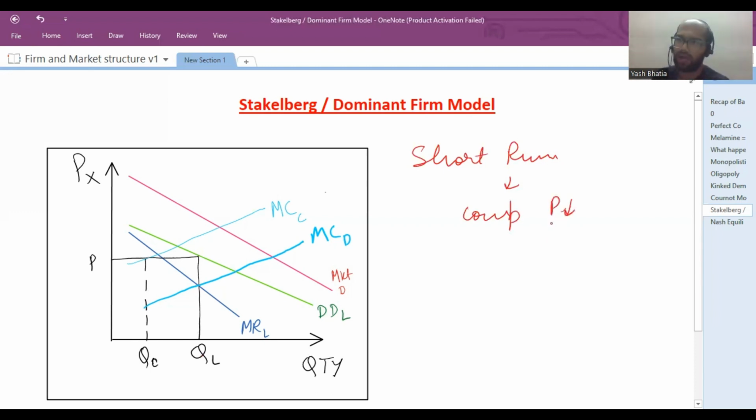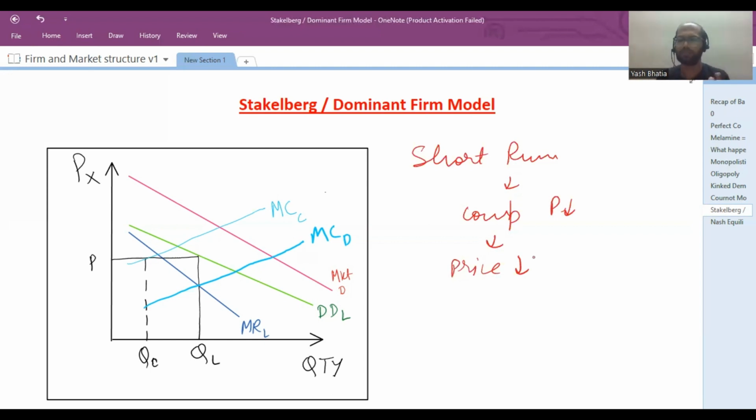It may gain market share for a moment, but then since the firms are interconnected in an oligopoly, what will the dominant firm do? The dominant firm will also reduce the prices. So in the short run, the market share is gained by the competitors by reducing the prices. After a while, the dominant firm will also reduce its prices and it will recapture the lost share. And as the prices are dropped by the dominant firm, the customers will move to that one.